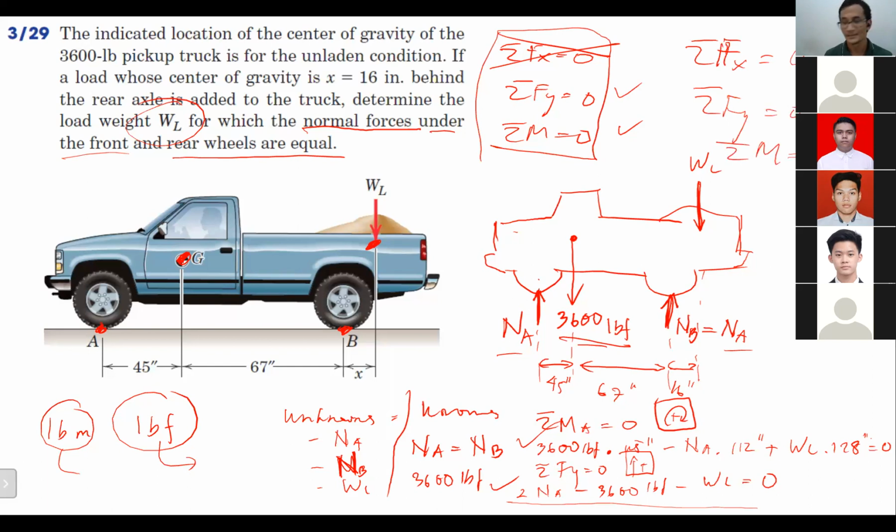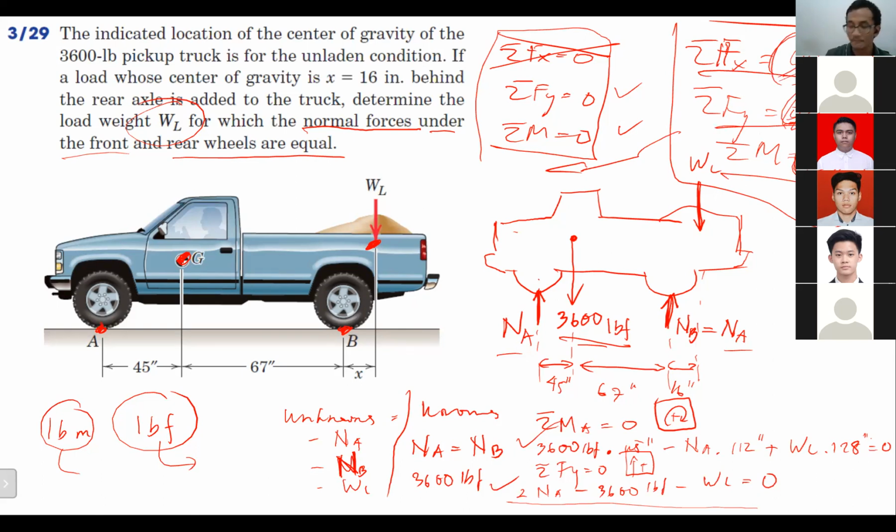If it's not 0, for example if you are inside a building and this equation is not fulfilled, the building will move. You want that? No, sir. So it must be fulfilled. The 0 actually comes from Newton's first law. So this must be 0, this must be 0, this must be 0.